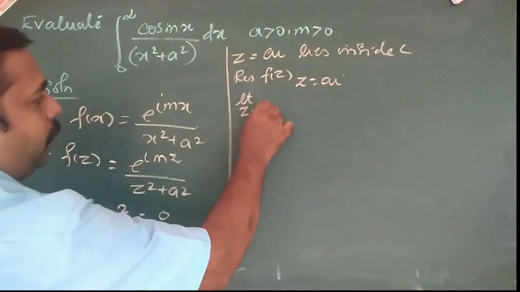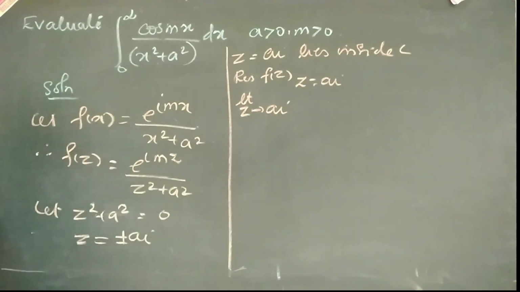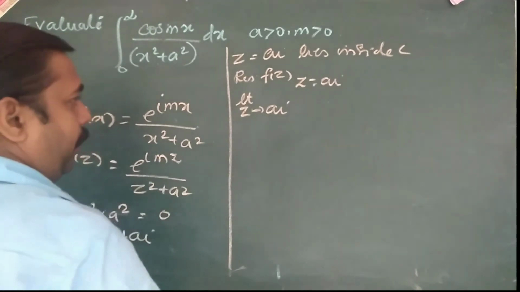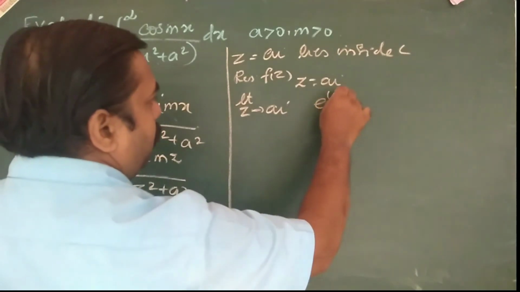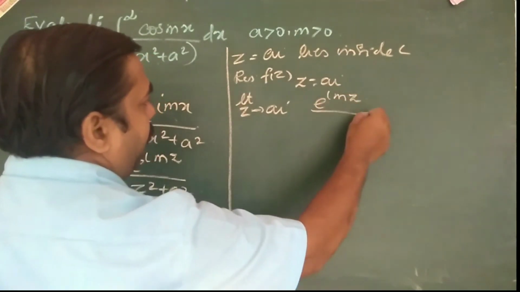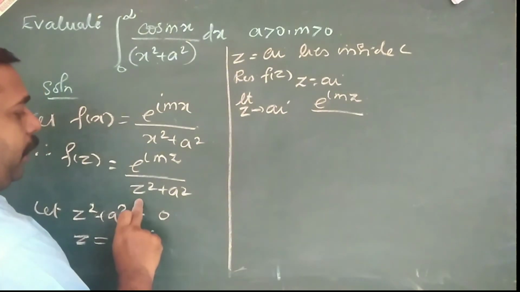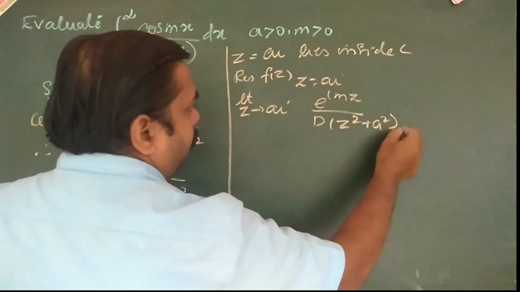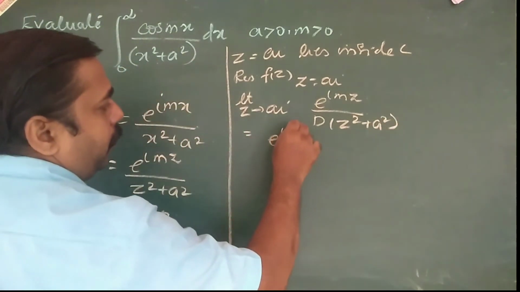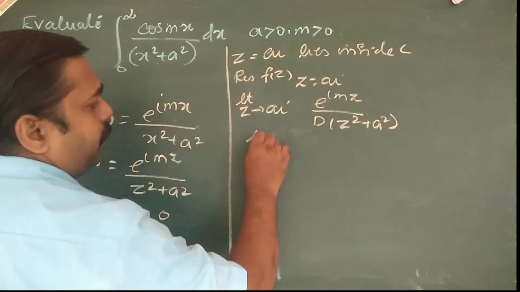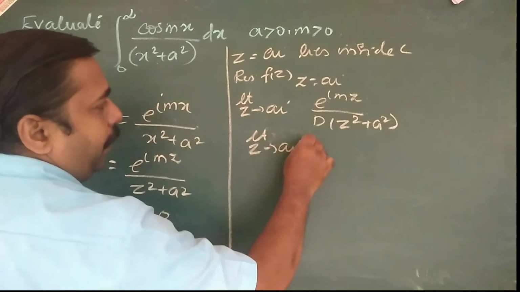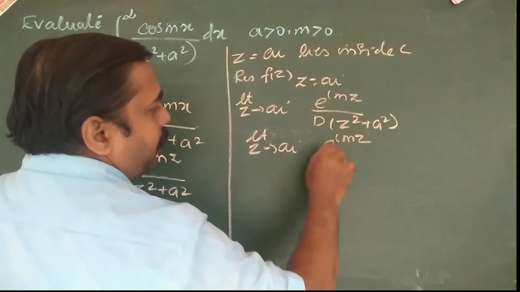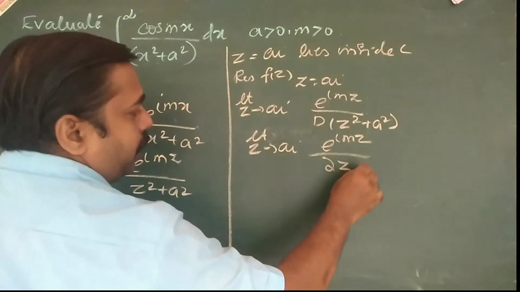That is limit z tends to ai e raised to imz divided by, this is a simple pole, so we can apply differentiation. That is differentiation of z square plus a square. So limit z tends to ai, e raised to i m z divided by here 2z.